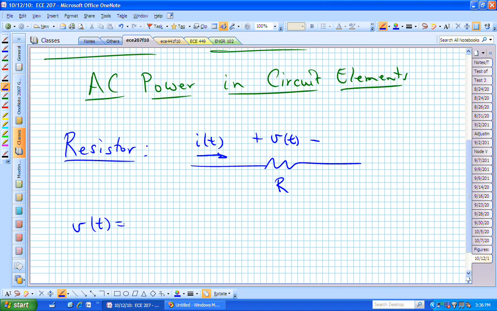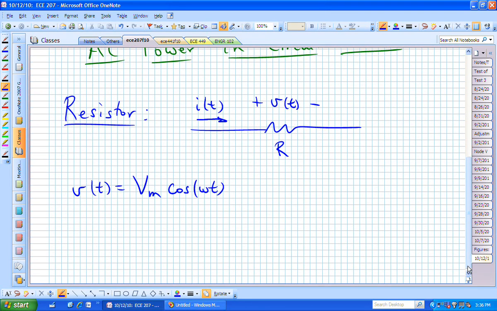Suppose that we have a voltage given by a magnitude V sub m, and it's a cosine waveform. Then we know that the current, because it's a resistor, we know this current voltage relationship, and they are actually in phase with one another, which means there's no phase shift in the argument of either one of those cosines.